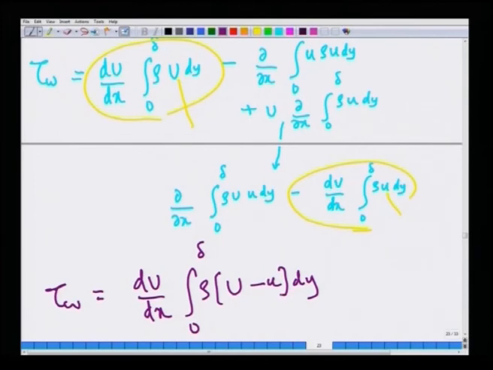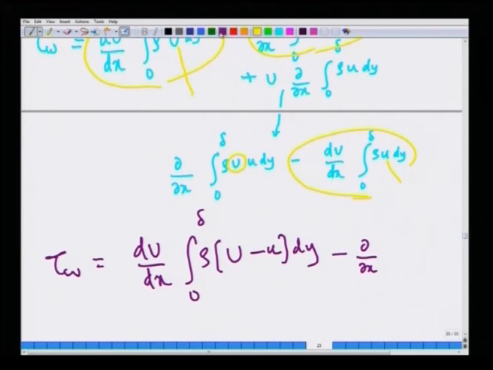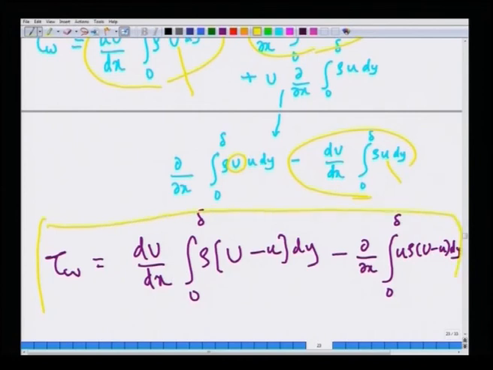Now, the other term will remain the same, minus d/dx. Okay. So, the other term, we have this term rho u, here you have u rho times capital U. So, I can do a simple manipulation and take this common, d/dx as common, you get the integral 0 to delta of u rho times capital U minus small u dy. Okay. So, this is my expression for the shear stress on the surface, which is a function of x.